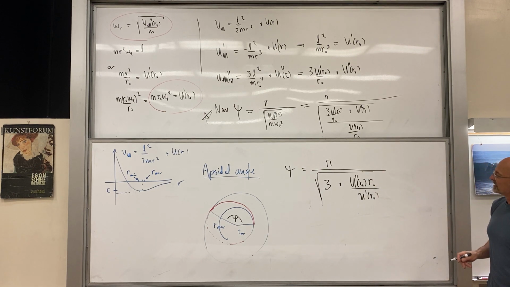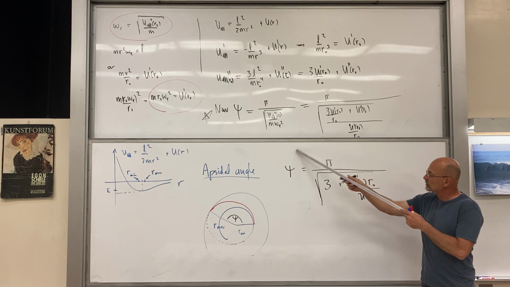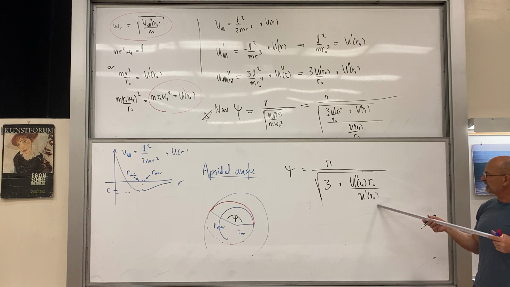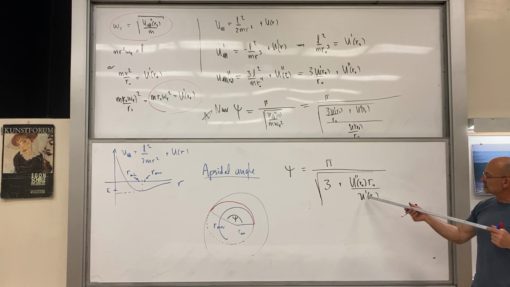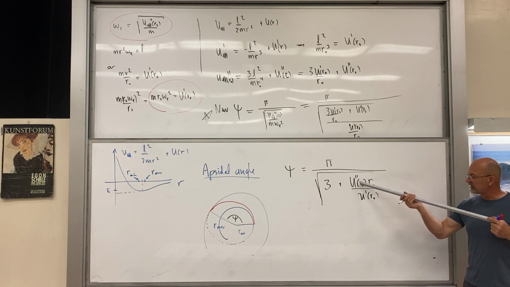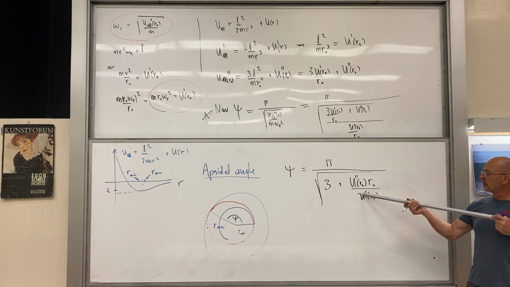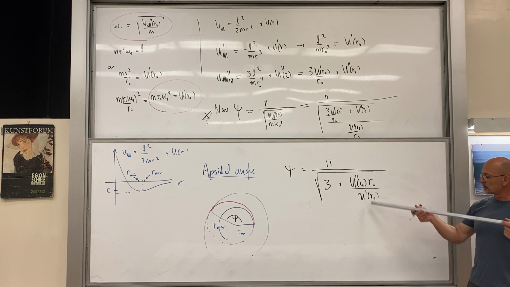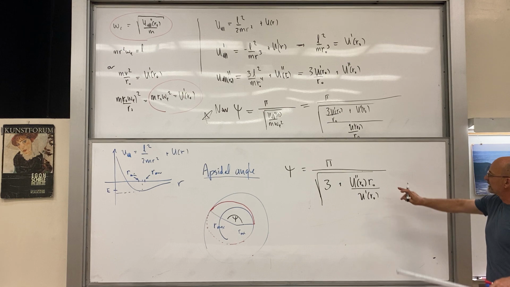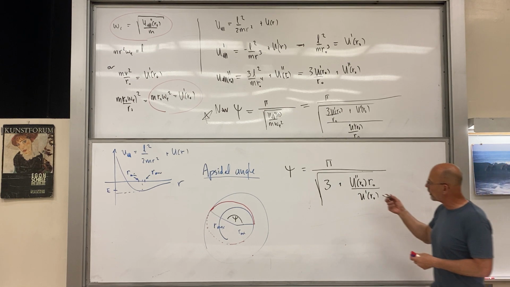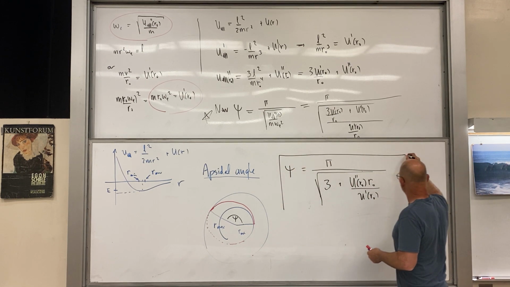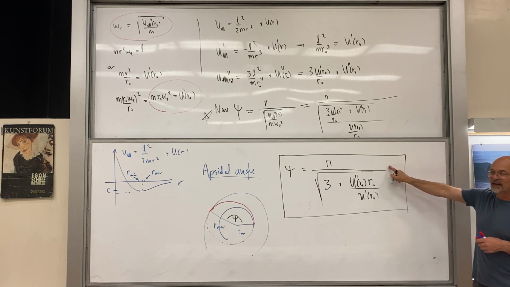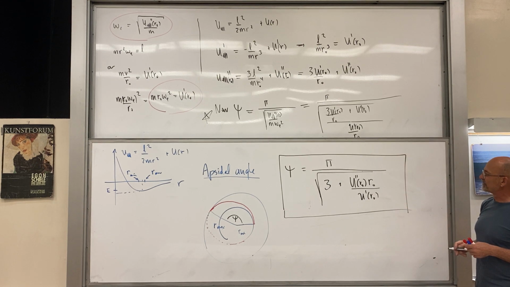So once and for all, we get the absolute angle for all central force problems with potentials u of r. You can even see that if you don't have the potential energy, if you have the force, you can express it in terms of the force as well, because u prime is force, u double prime is force prime. The extra minus sign in there will cancel. So you can do this also in terms of force. Put that in your notes if you want. But now what we want to do is give this a try, evaluate this thing and see what happens.